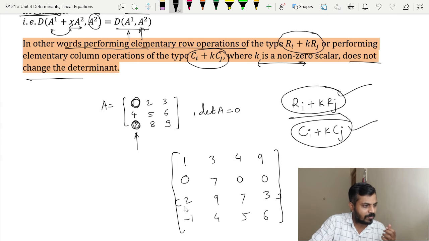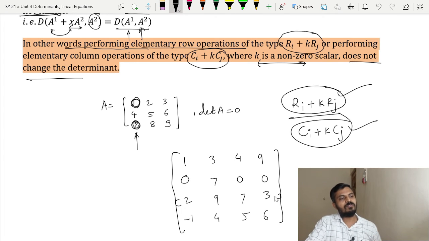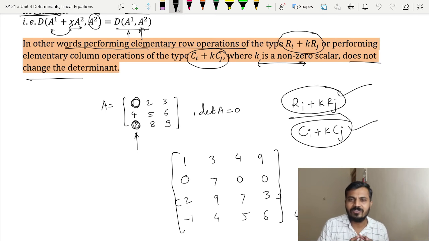Now if you see this particular matrix, this is a 4 by 4, which is a bigger matrix, so finding its determinant is going to be challenging. But if one knows Laplace expansion, he can easily do it. How can he do it? You can see that in the second row there are 3 zeros, so finding the determinant with the help of the second row is going to be easier.